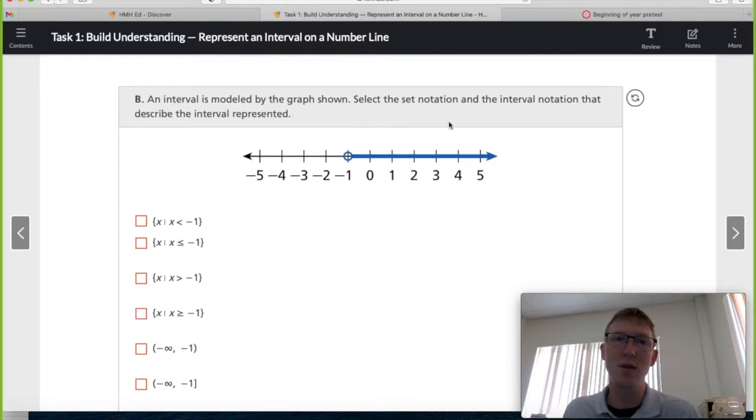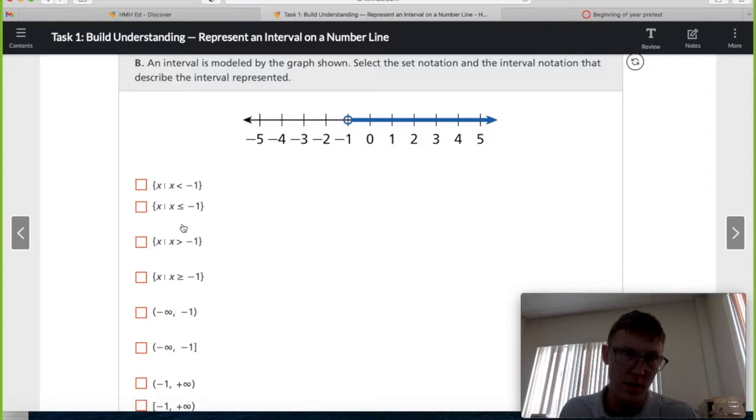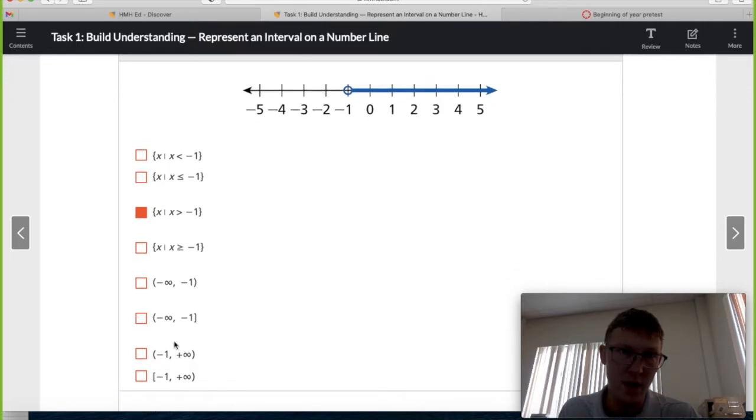An interval is modeled by the graph. Select the set notation and interval notation that describes the interval represented. So x such that x is greater than -1. So that one. And then -1 to positive infinity.